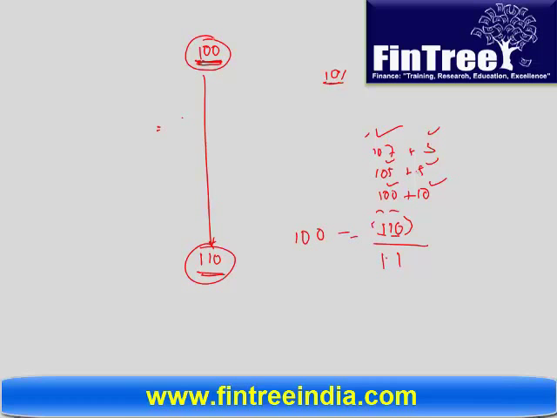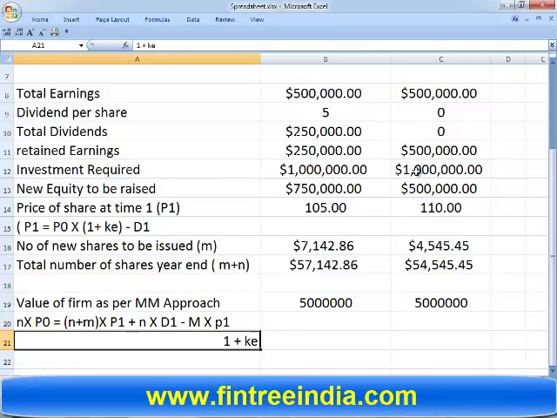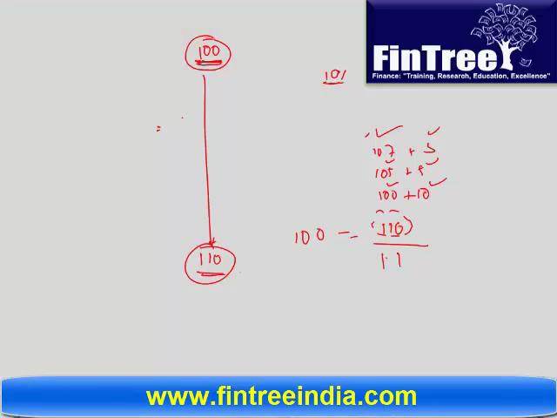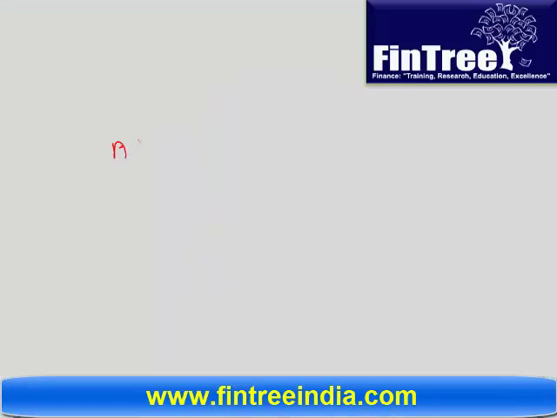Following this? If you observe this formula carefully, NP0, that means number of shares at the beginning into price of the stock in the beginning. So in fact, other way around, P0 is equal to D1 plus P1 divided by 1 plus K. This is the formula.